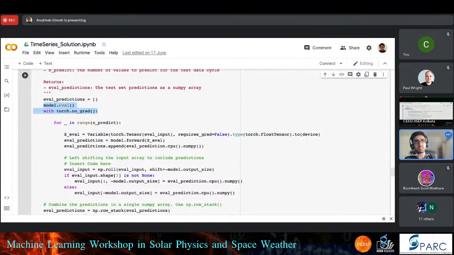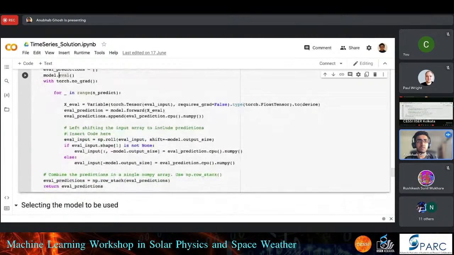So we set model.eval, which tells the network to go into evaluation mode, and then run the no_grad operation on it. As you can see, this is a for loop, so it's a recursive process of prediction.